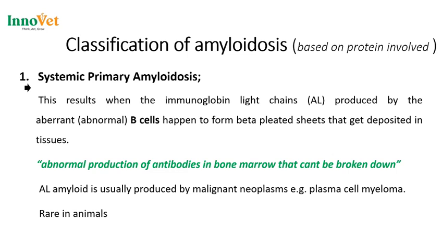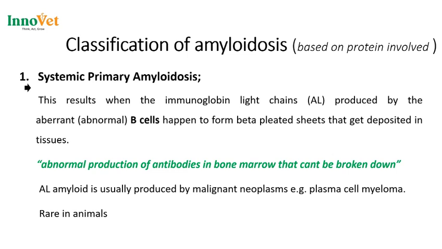So now let us classify amyloidosis, and we shall base it on the protein involved. Remember, we are looking at systemic amyloidosis. The first class is systemic primary amyloidosis. This one will come into place when there is abnormal production of antibodies in the bone marrow by the B cells, and these antibodies contain proteins of a beta-pleated sheet, which we saw resist being broken down.